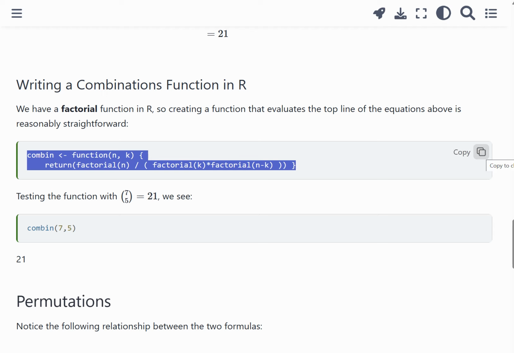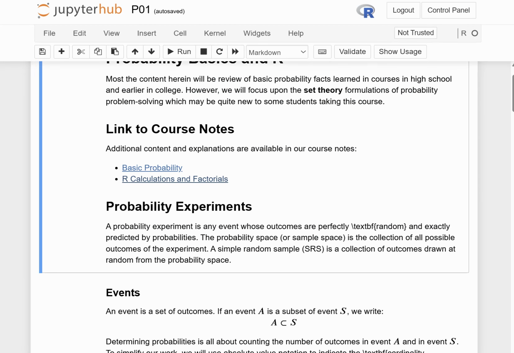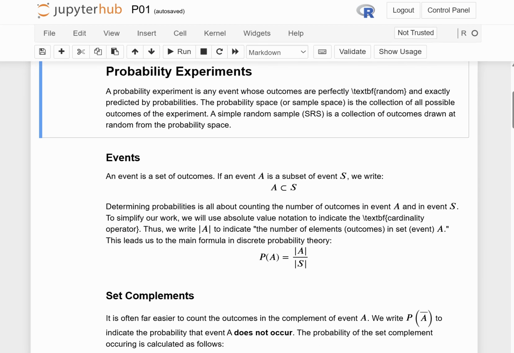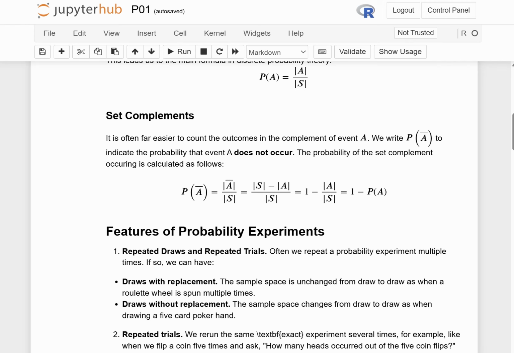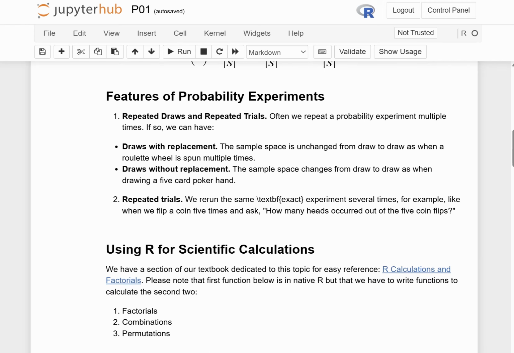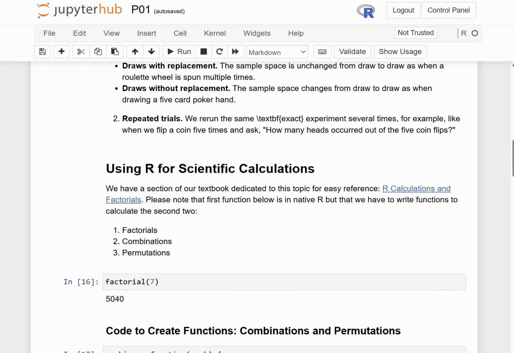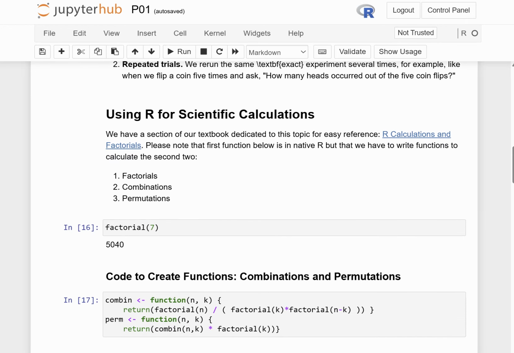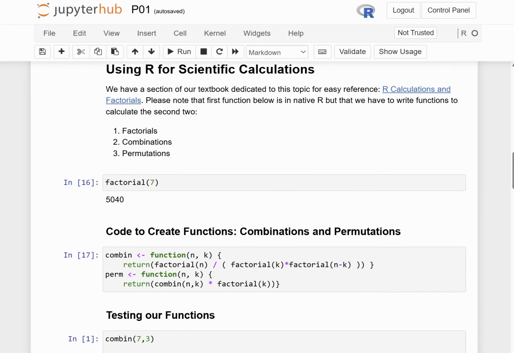You can copy them right out of the notes, and I've given you the link right there. Some of this information, again, you've seen already, and the features of probability experiments that we talked about. And we'll get down here to using R for scientific calculations in just a second.